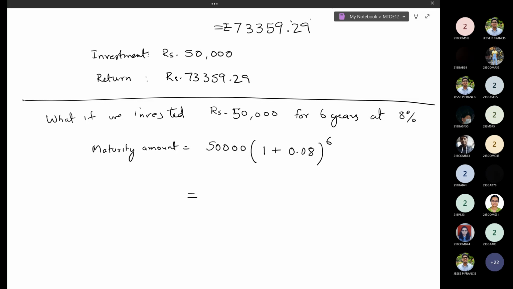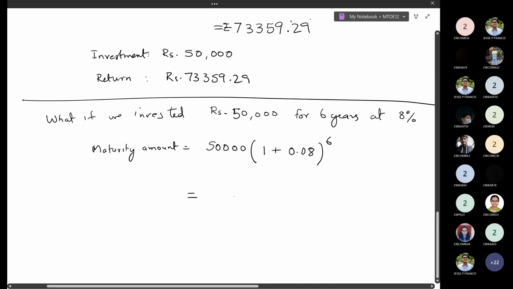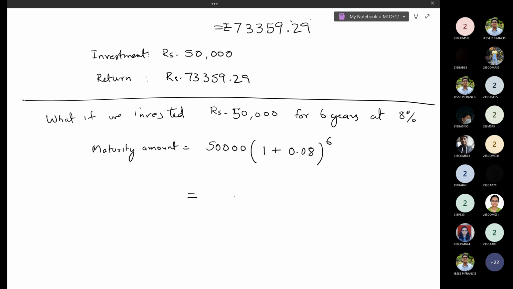What would be the return? Did anyone calculate? What did you get? $79,343.7.